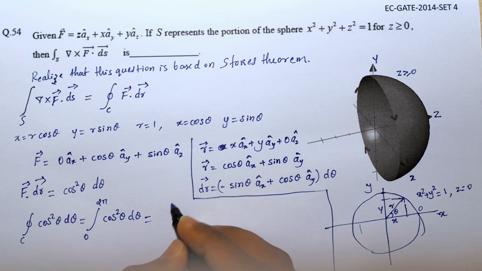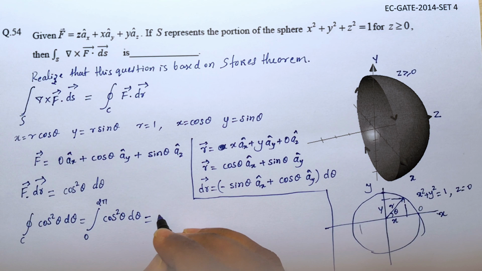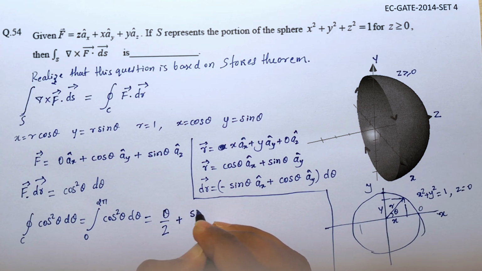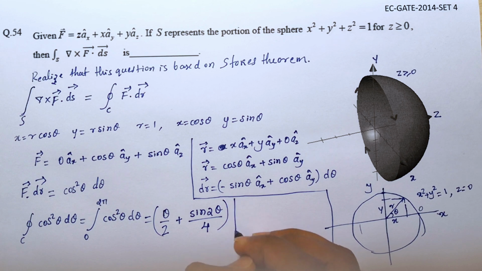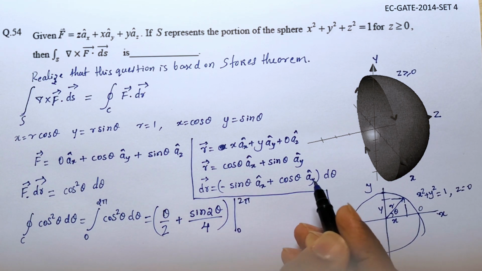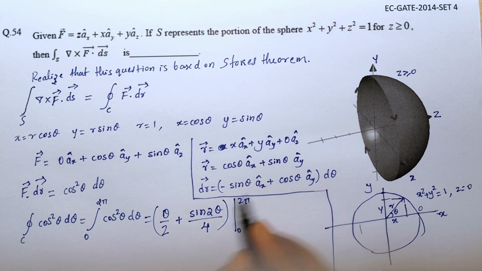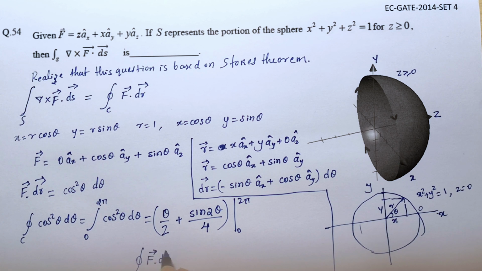It is theta by 2 plus sin 2 theta by 4, varying from 0 to 2 pi, and this gives the total integral of F dot dr over this curve.